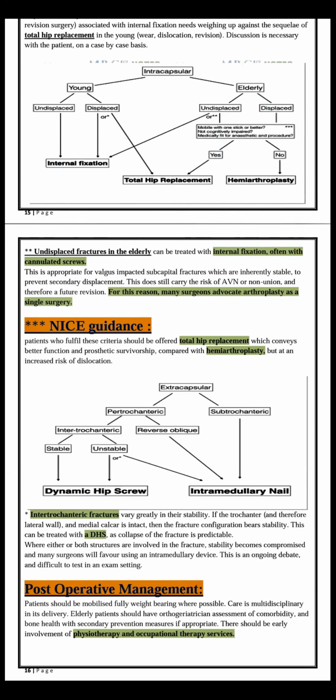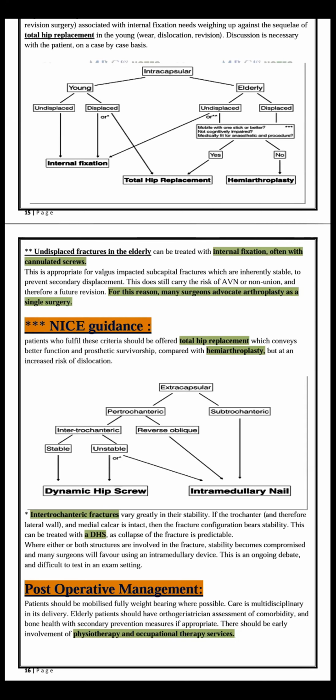If my patient is young, less than 65, mobile, has no cognitive disability and is fit for general anesthesia, I will go for total hip replacement. If my patient is not mobile, more than 65, has some cognitive disability, is bedridden and unfit for general anesthesia, I will go for hemiarthroplasty. So this is a very important classification for management of intracapsular fracture.